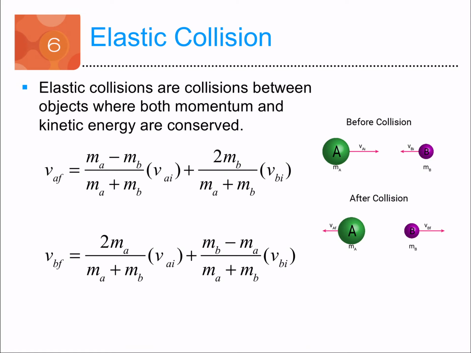The formulas you can see give the final speed of ball A, and on the bottom the final speed of ball B. I will not have you solve for any other variables than the final speed of A or the final speed of B because it can get a little complicated.